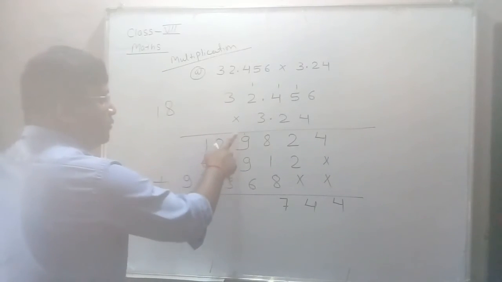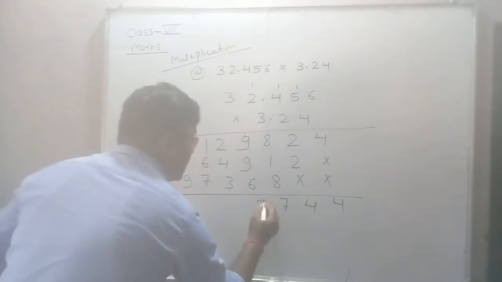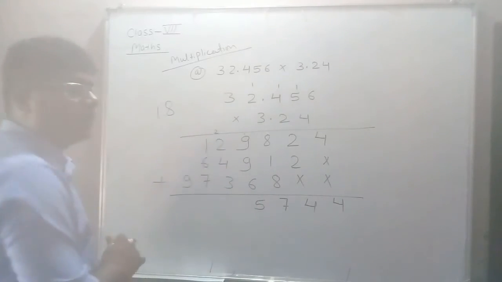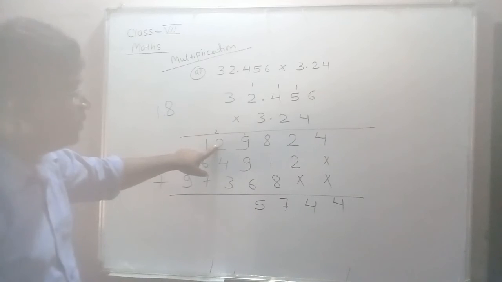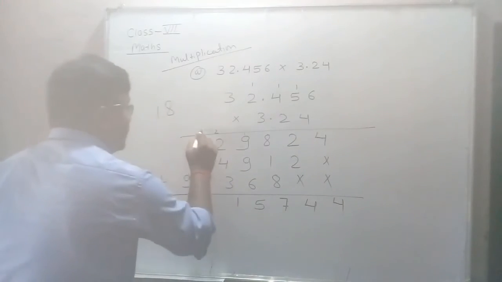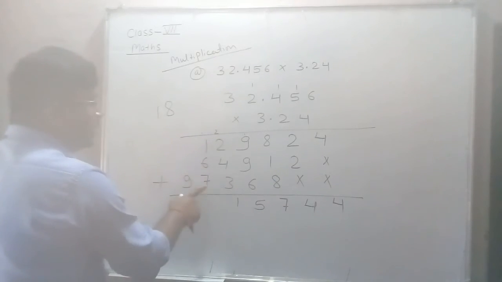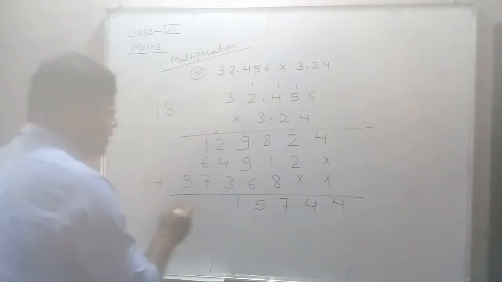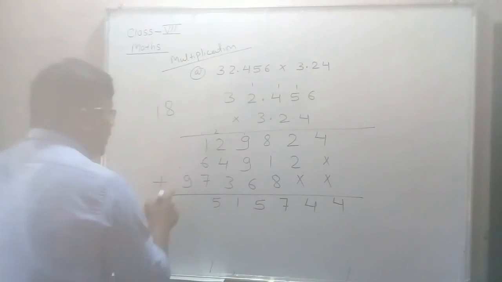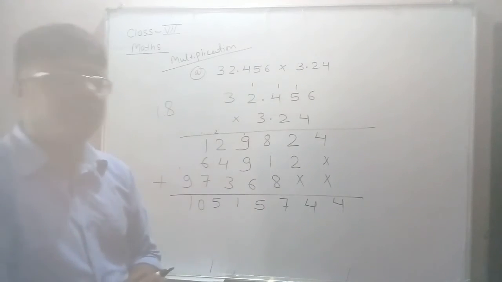Okay, 1 plus 9 is 10, 10 plus 9 is 19, plus 6 is 25, 5 carry 2. Okay, 2 plus 2 is 4, 4 plus 4 is 8, 8 plus 3 is 11, carry 1, 1 plus 1 is 2, 2 plus 6 is 8, 8 plus 7 is 15. Okay, 5 carry 1, and 1 plus 9 is 10. We have just multiplied.